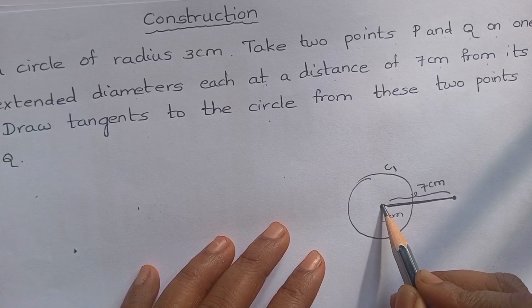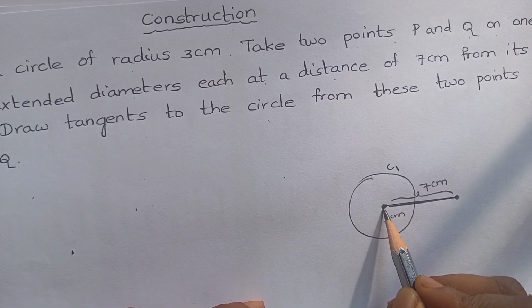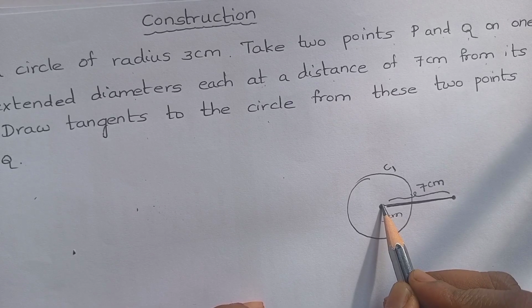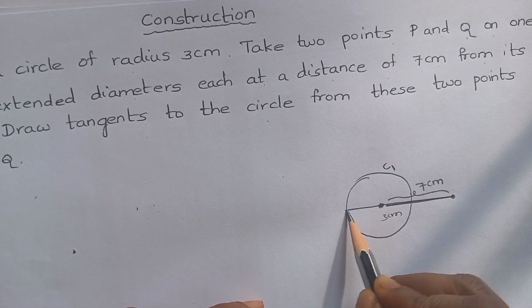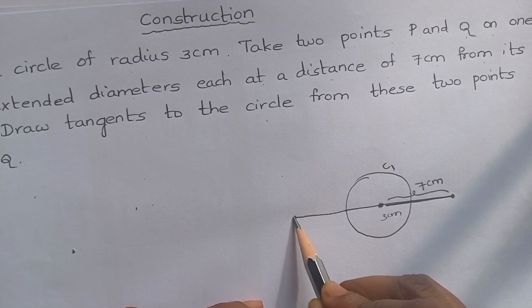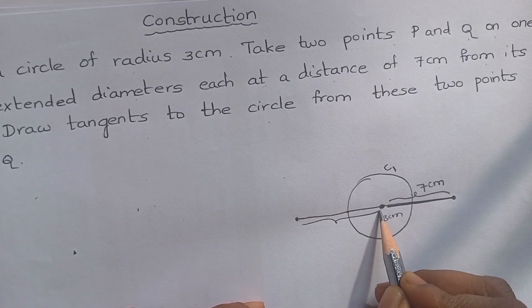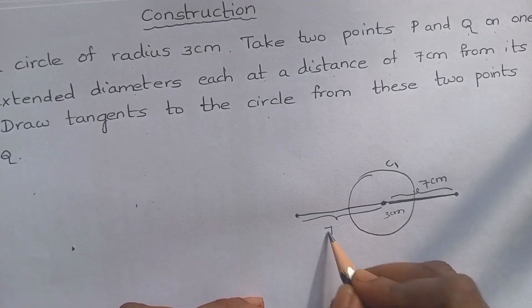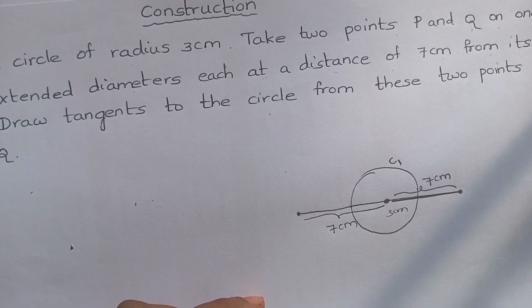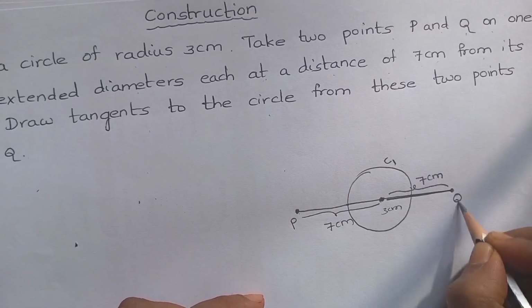Then from its center, we have to mark another point which must be 7 cm from its center. Already here it is 3 cm. Then from here to here it is 4 cm. We have to mark 4 cm. The total distance from here to here, it must be 7 cm. And now we have to mark these points as P and Q.